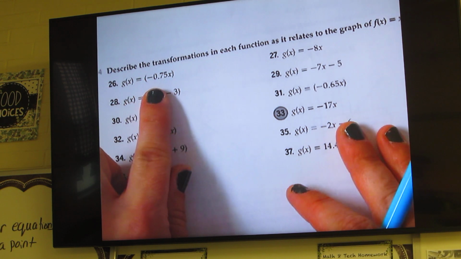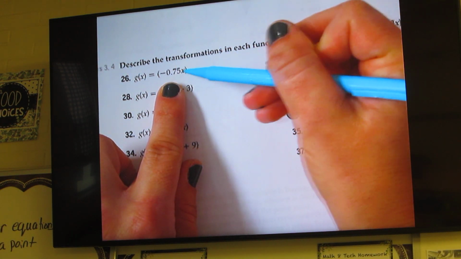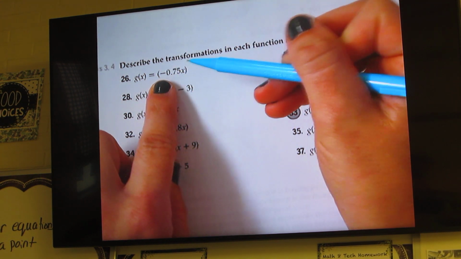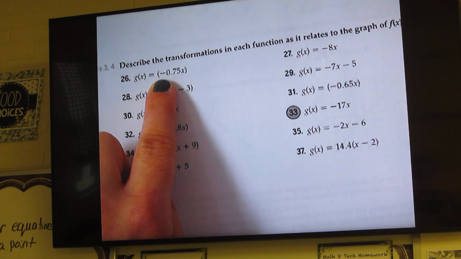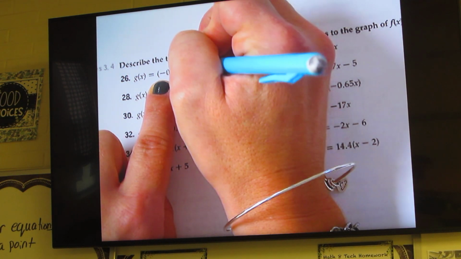Looking at number 26, it says describe the transformation. So we don't have a plus or a minus. We don't have a slide. We have a coefficient. That coefficient is negative, and that coefficient is in the parentheses. So I look and I find a coefficient inside the parentheses is a reflection across the y.